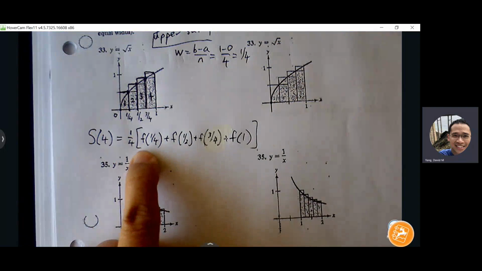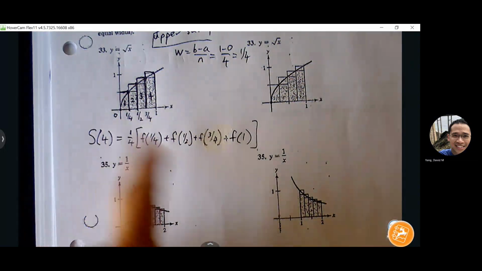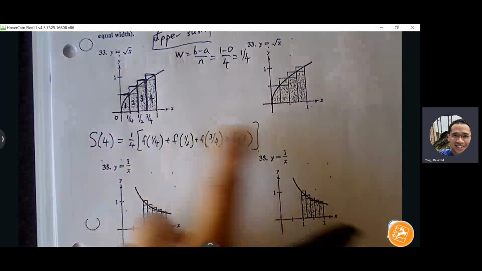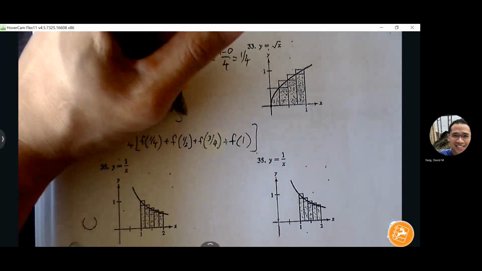Notice that we don't use f of 0 because f of 0 doesn't represent the height of my higher subinterval. So whatever all those decimal values give us, that's going to be your upper sum.